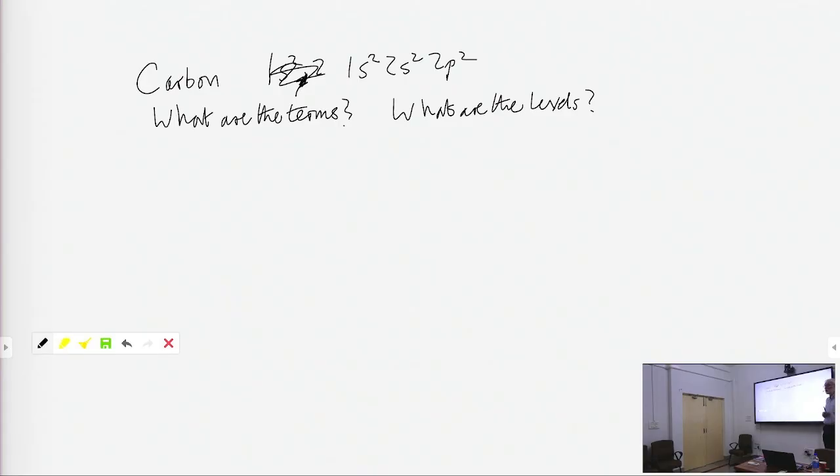So what I want you to work out is what are the terms and what are the levels. And if you want me to come and answer a question, just stick up your hand and I'll wander around in a few minutes and see how people are getting on.